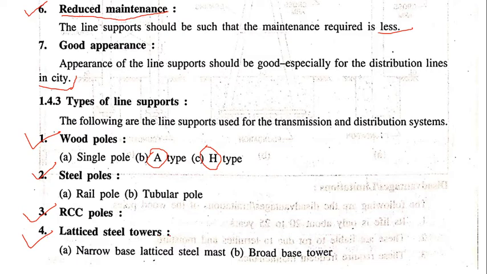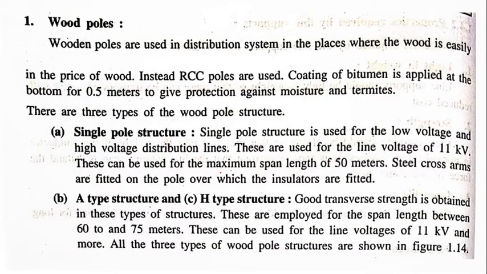Lattice is nothing but a combination of trusses of different steels. It has two types: narrow based lattice steel mast and broad based tower. We are going to study all these in detail. Now starting with the wooden pole.